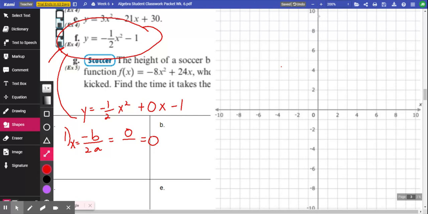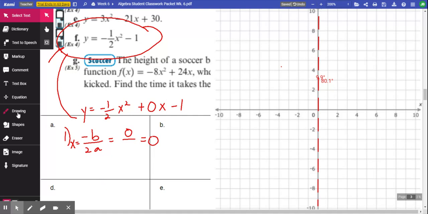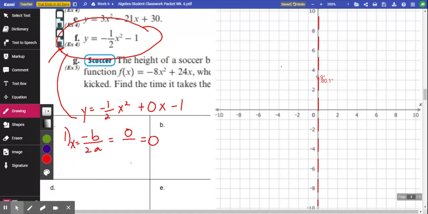I'm going to put a line in here to show that, and I'm going to change it to a dashed line to show it's not part of the graph.